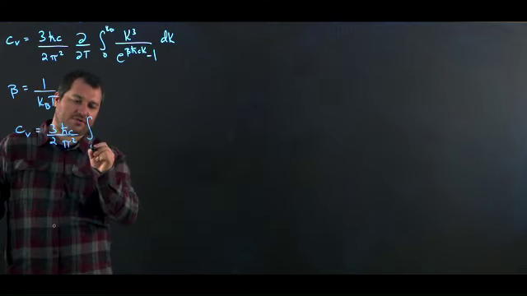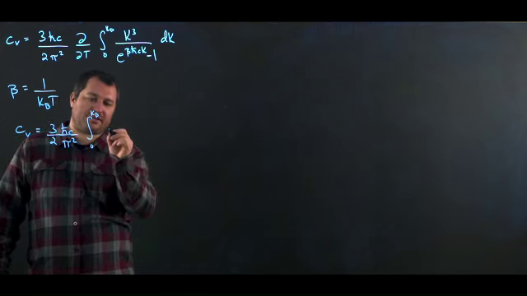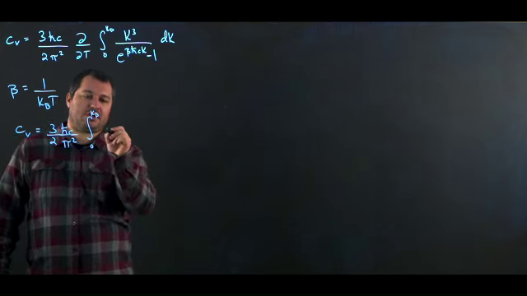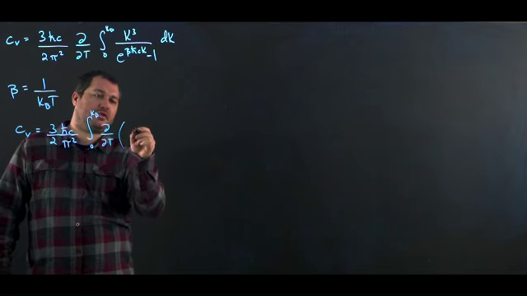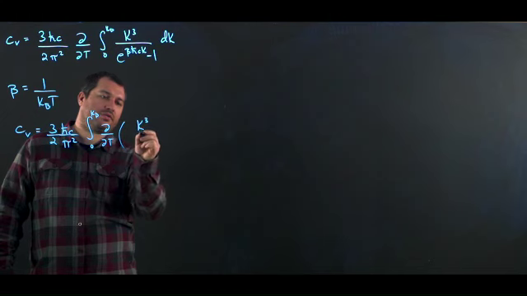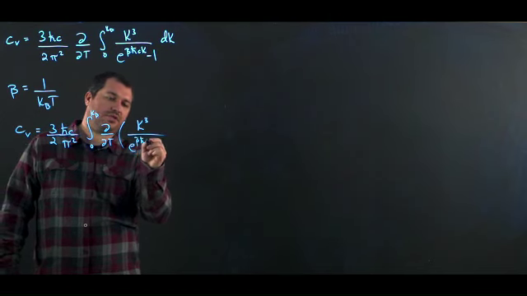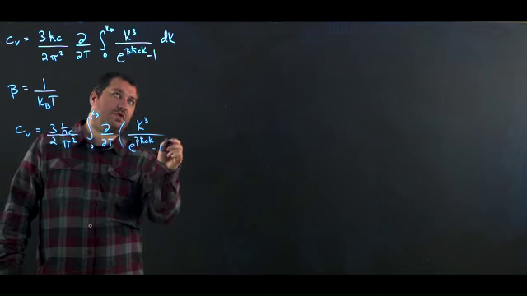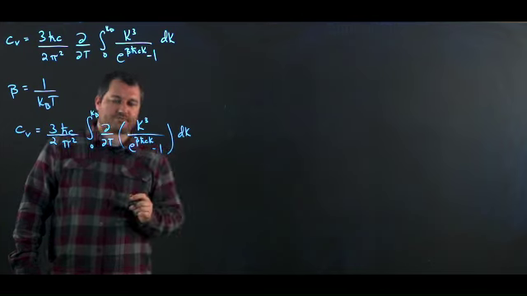We're going to have this integral from 0 to kd, and we're going to take this derivative of k cubed over e to the beta h bar ck minus 1. And we still got our dk out here.